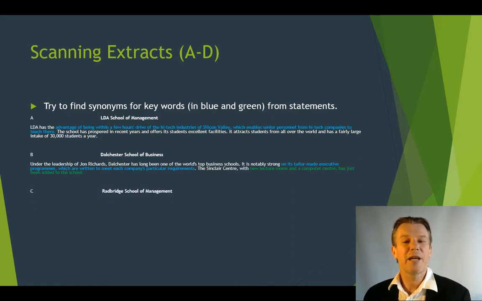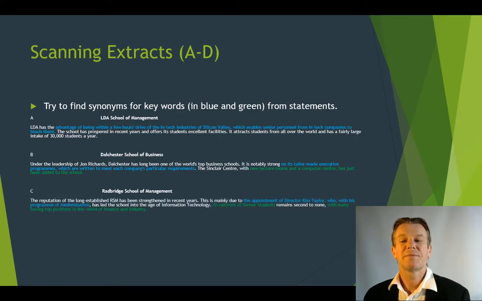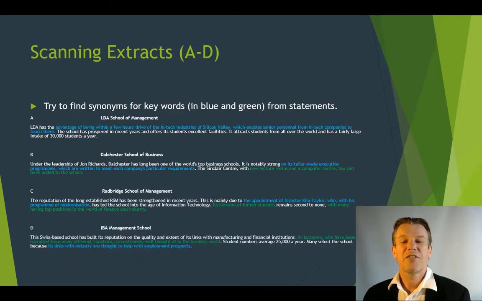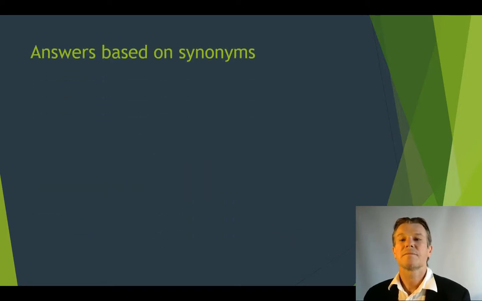Again, I've done the same for text C. Again, there's two answers to this. And again for text D. You can pause it here and read those and have a look at them, but I'm now going to go into more detail and show you the exact synonyms that give me the answer.